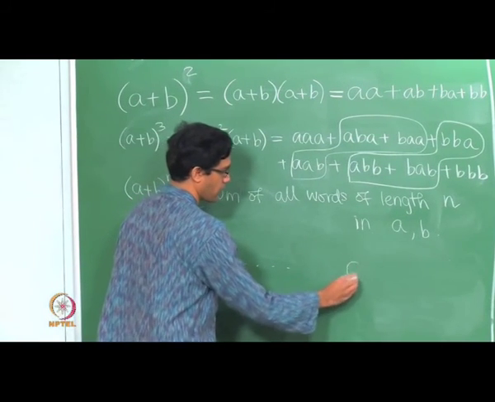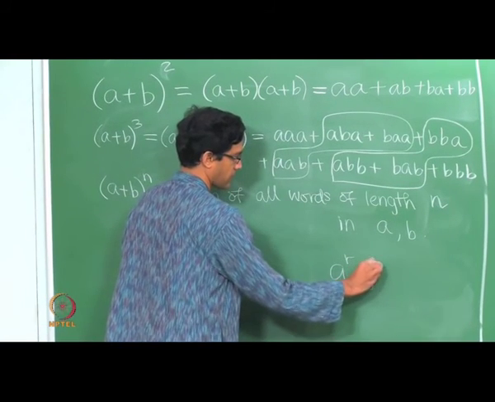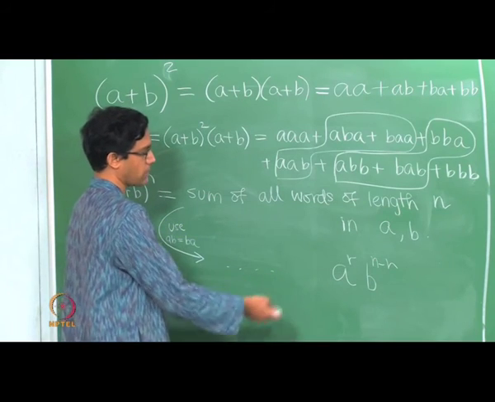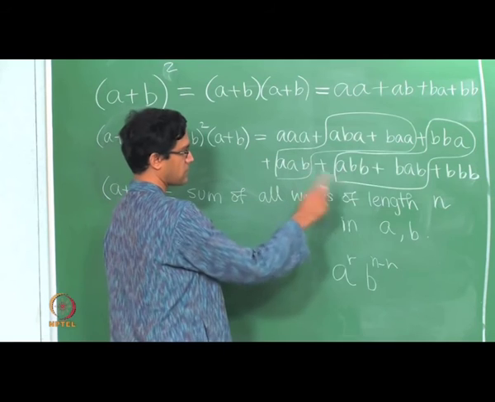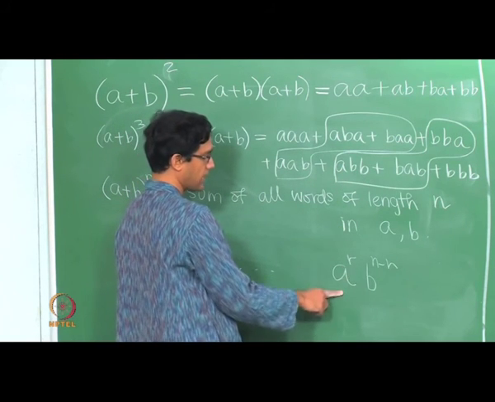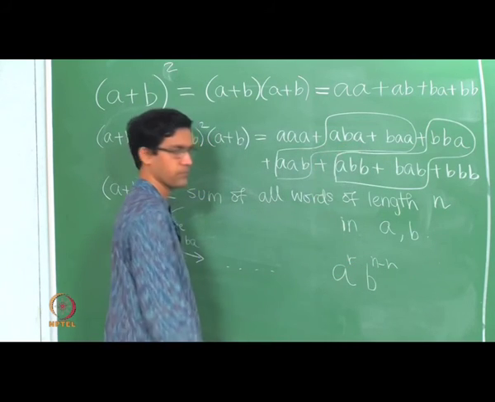So the question is, suppose I have say A power r B power n minus r. I want to know how many times does this term occur. Well, every possible word of length n which contains r A's and n minus r B's, every one of them will collapse to give you the same term. Okay.